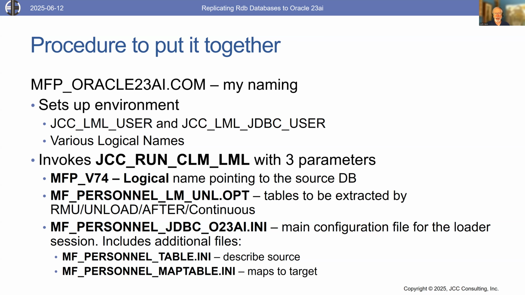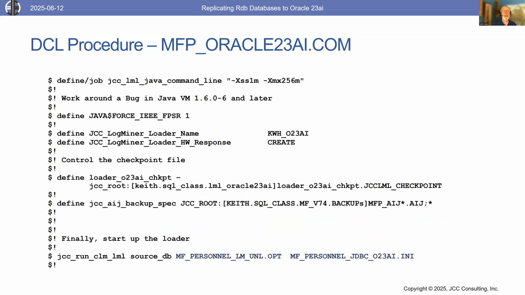In this case, I'm calling it mf_personnel_JDBC_023ai.ini. And that actually is going to include the table and the map table file we just talked about. It also is going to include information about how to connect to the target database, and I'll come back to that.